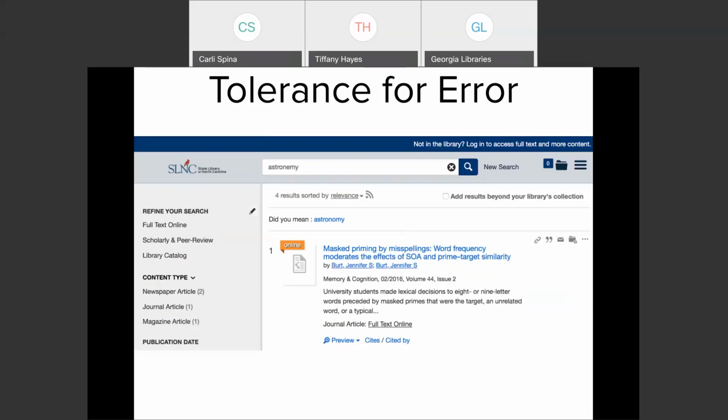It supports people who are in a hurry and therefore have a typo, who are working on mobile devices where it's much more difficult to accurately type. But it also supports people who have various types of learning differences, people who might need some support in English language learning contexts, and it really provides a more welcoming experience rather than getting to a situation where because you're one letter off, you get 0 results. Instead, you're going to get a concrete suggestion about how it might be that you change your search and what it might be that went wrong.